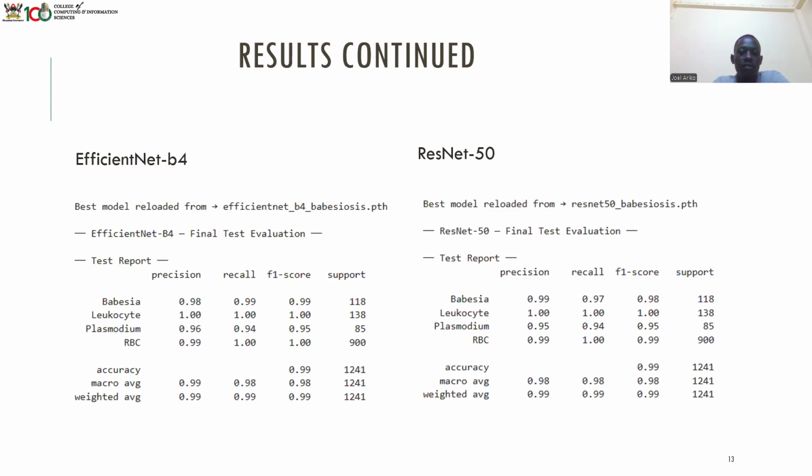Then the EfficientNet also had an overall accuracy of 0.99. Equally, the ResNet also had an overall accuracy of 0.99, with all of them having different evaluation metrics as you see there.